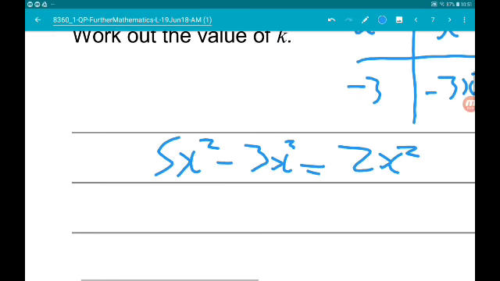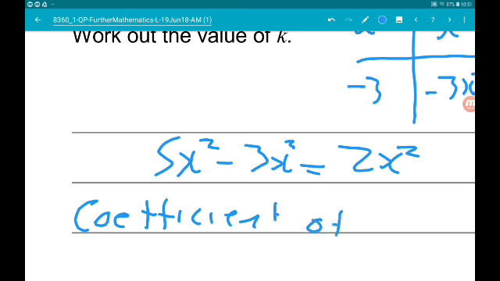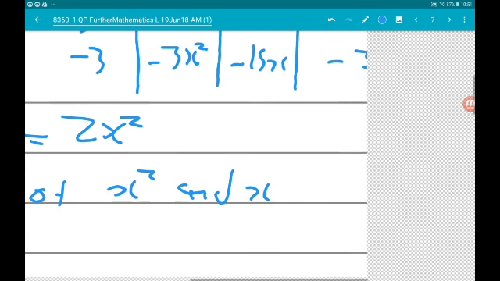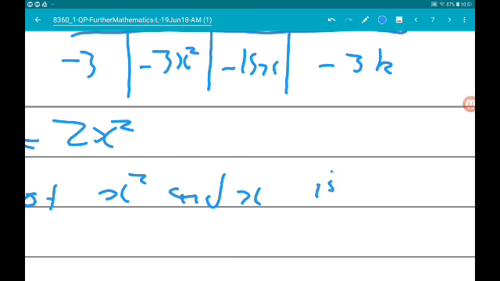So the coefficient of x squared and x, because we are told they are equal, is 2.